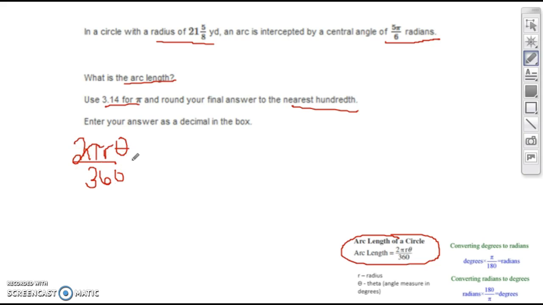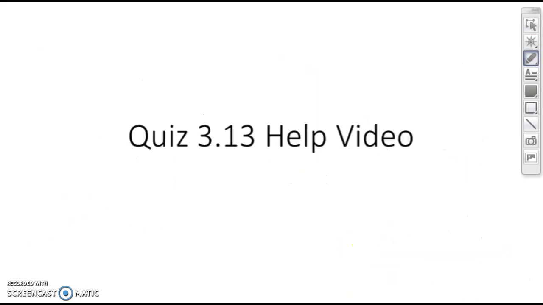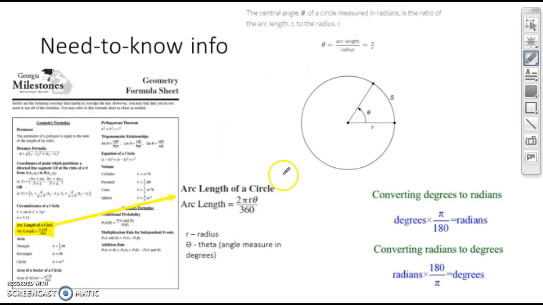And I should have explained this at the very beginning, but I'm going to explain it now. When we're trying to figure out arc length, we're trying to measure the length of an arc. So where the formula comes from, if you think about 2 pi r, 2 pi r is the circumference of a circle. That's the distance all the way around.